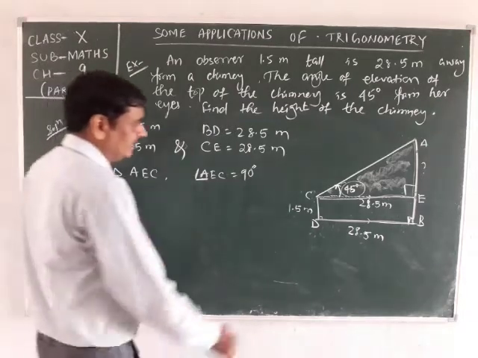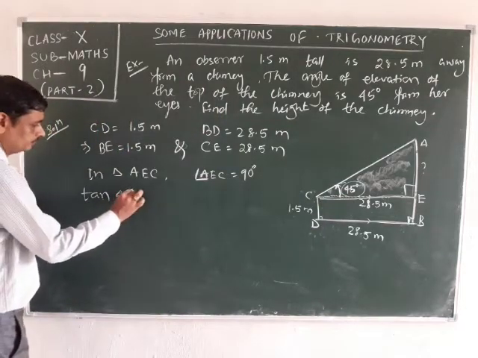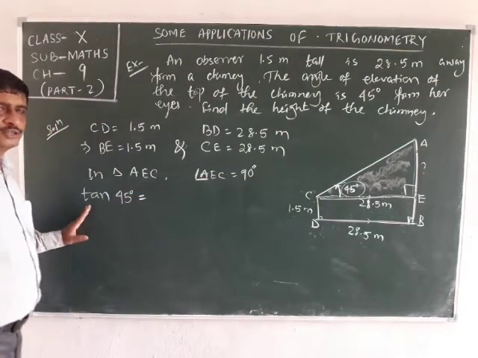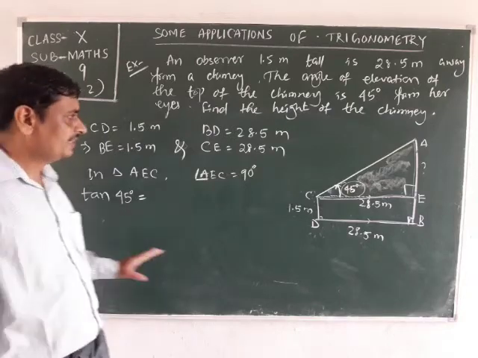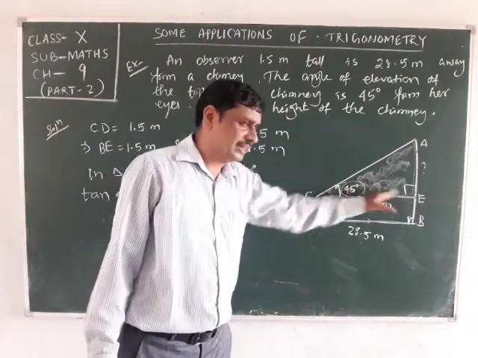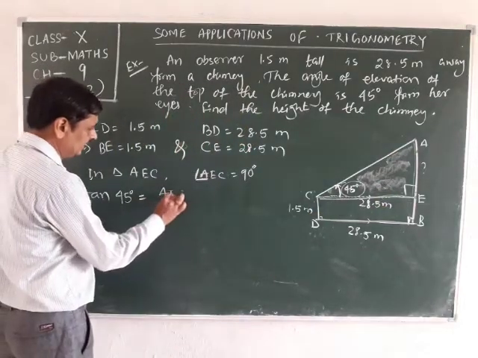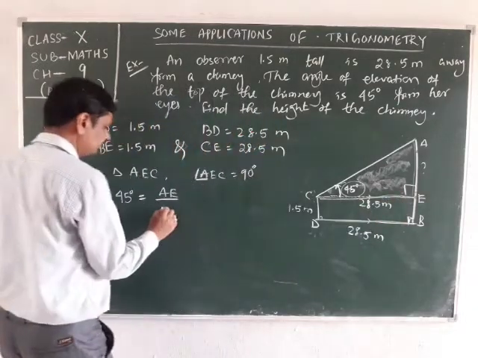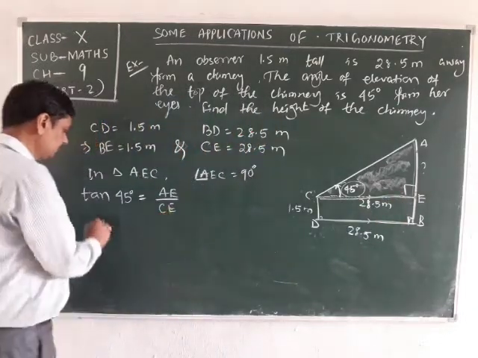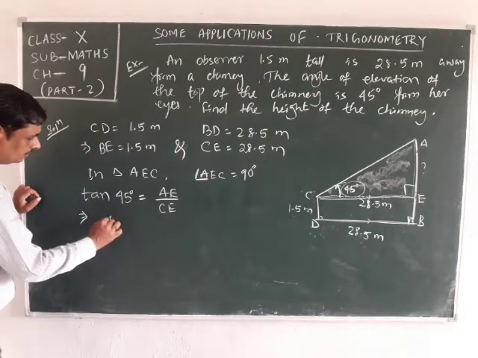Here, tan 45 degree. We can use cot 45 also. Take tan 45. Tan theta is opposite by adjacent. So tan 45 will be AE by CE. This implies tan 45 becomes 1.